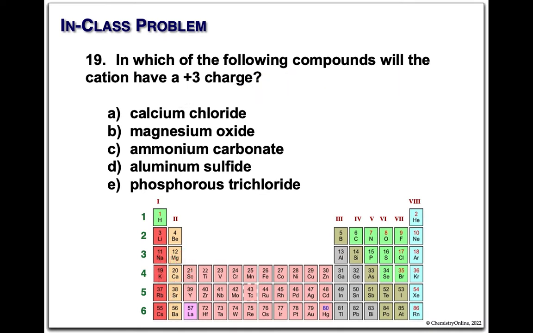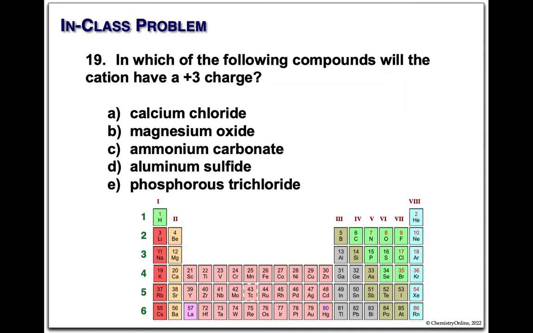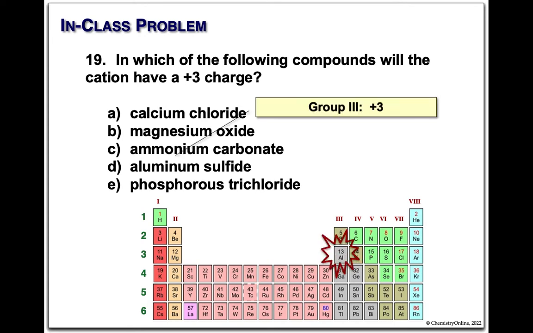Magnesium, also group 2, +2 charge. Ammonium is the cation here. We remember ammonium is our polyatomic, and it's a +1. Aluminum sulfide, aluminum, group 3. It will be a +3 charge.